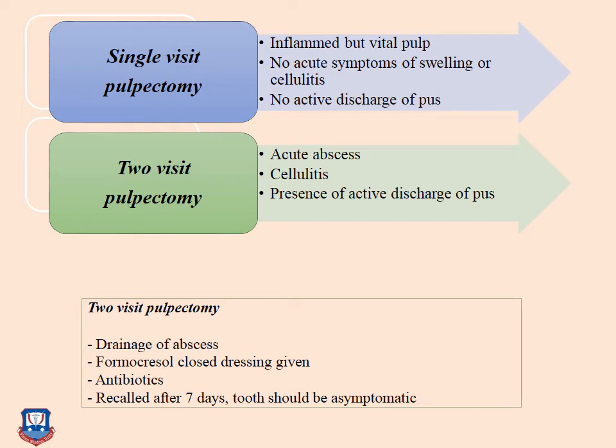2-visit pulpectomy is done if there is an acute abscess, cellulitis and presence of active discharge of pus. In all these cases you have to do a 2-visit pulpectomy. It involves drainage of the abscess, after which a Formocresol closed dressing is given, antibiotics are prescribed and the patient is recalled after 7 days.